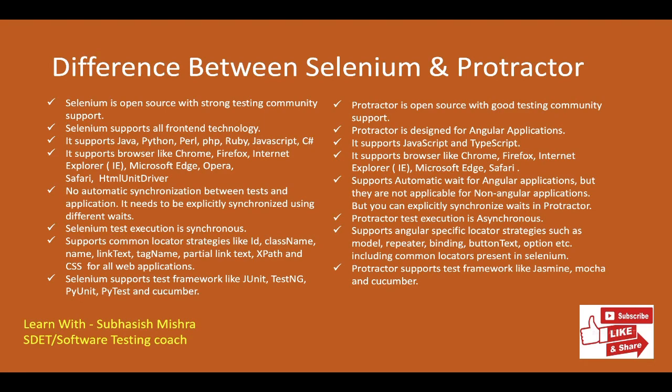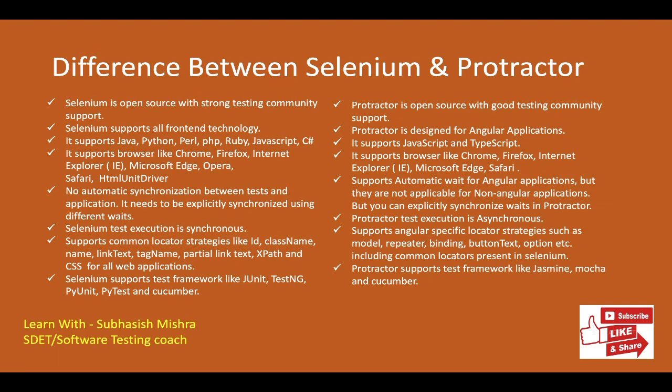Both Selenium and Protractor are open source and they have a good amount of community support. Then the major thing for Selenium: Selenium supports all front end technology. It's supposed to support any front end technology based applications, as it doesn't specify support for any specific technology, whereas Protractor is specially designed for Angular and AngularJS applications.